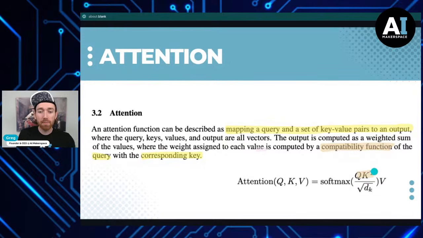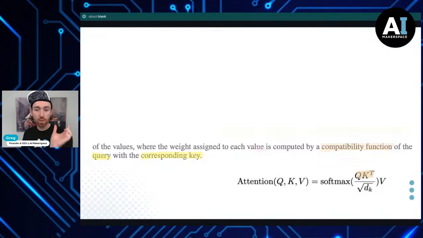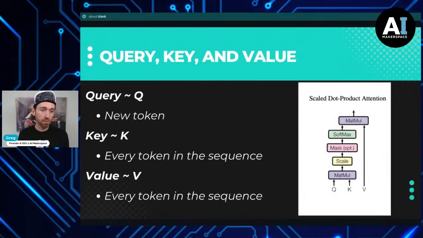Now, this compatibility function is important, and it's got interesting analogies to things that we've already talked about before, if you're an AI Makerspace follower. But just very, very simply, first, query, key, and value.